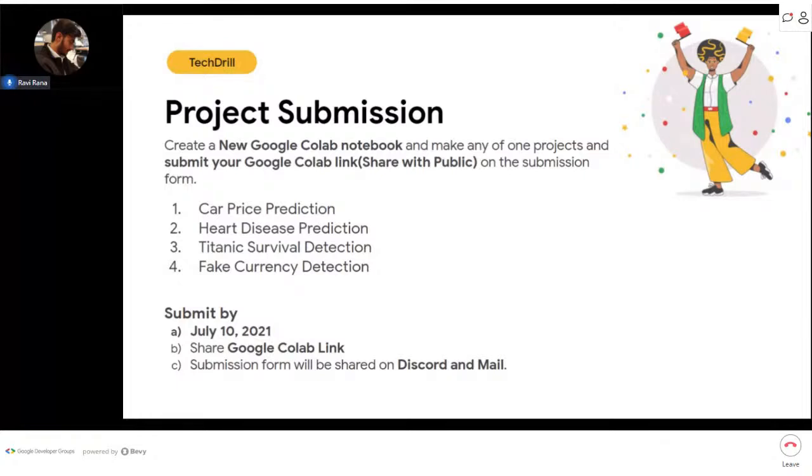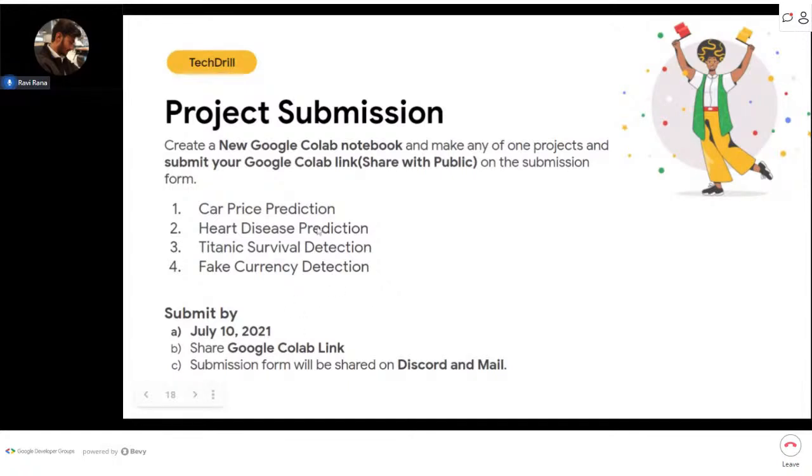Just do not blatantly copy the code from those GitHub repositories. You can take help, get intuitive and imaginative, and work on these four projects. They are the most commonly used projects. Make a Collaboratory notebook, and if you are working with 3 to 4 notebooks, no problem, paste those 3 to 4 links in the Google form.